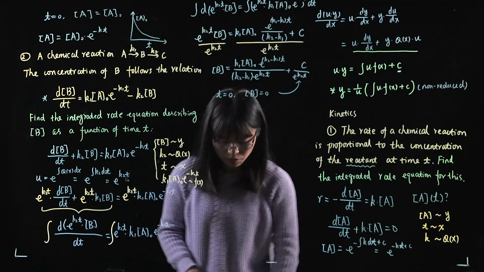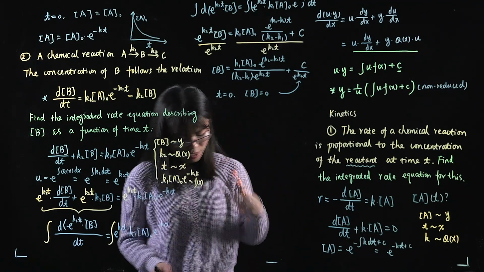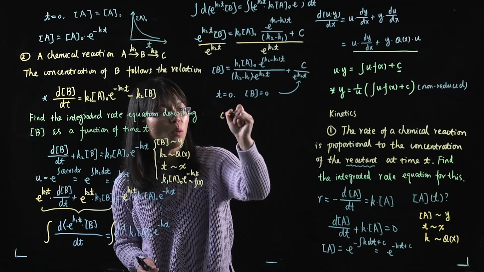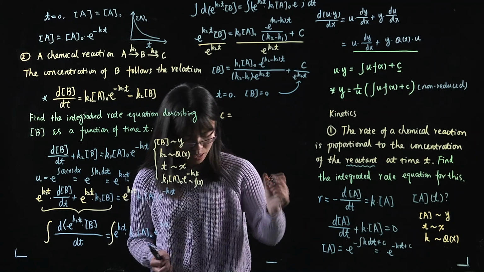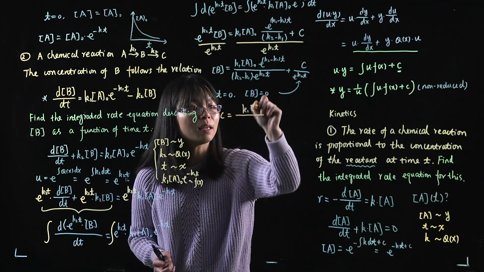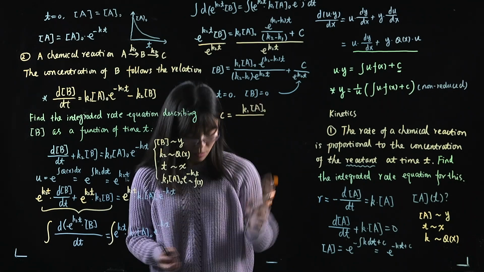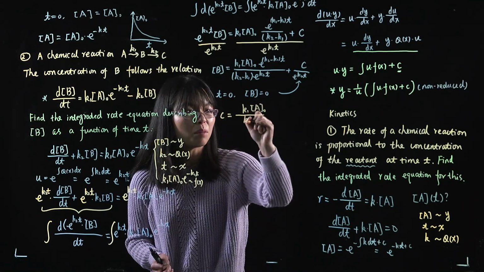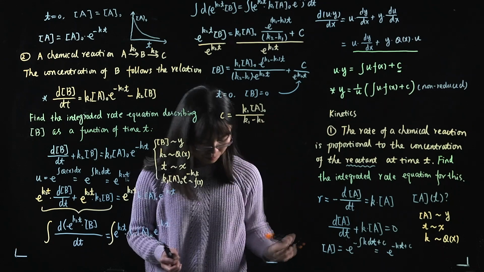I want to give you the final answer so you can actually check it out. So the C we find out should be equal to K1 times A naught over K1 minus K2.